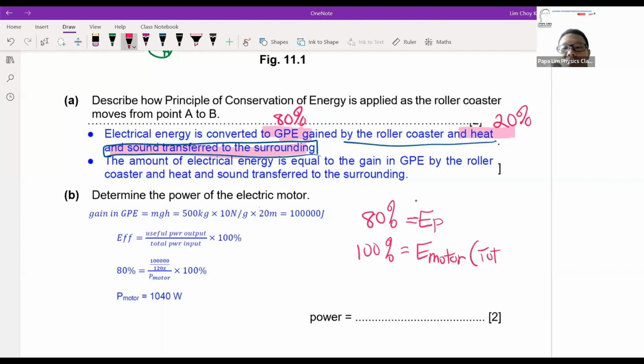So for the first part, we are calculating the potential energy, and this potential energy of 100,000 joules is actually 80%. From there, I should be able to work out the 100% from my 80%.